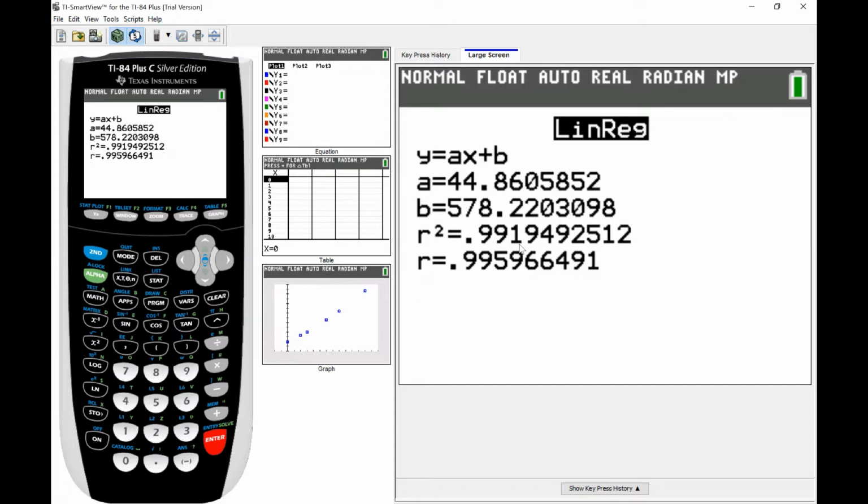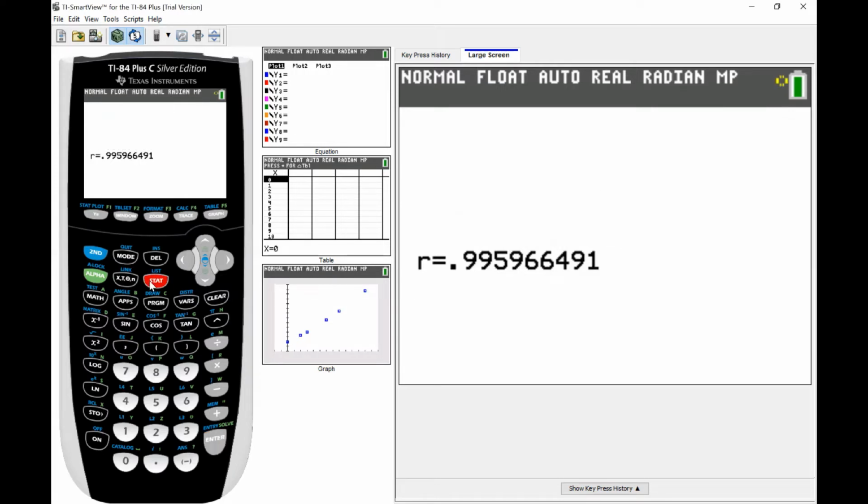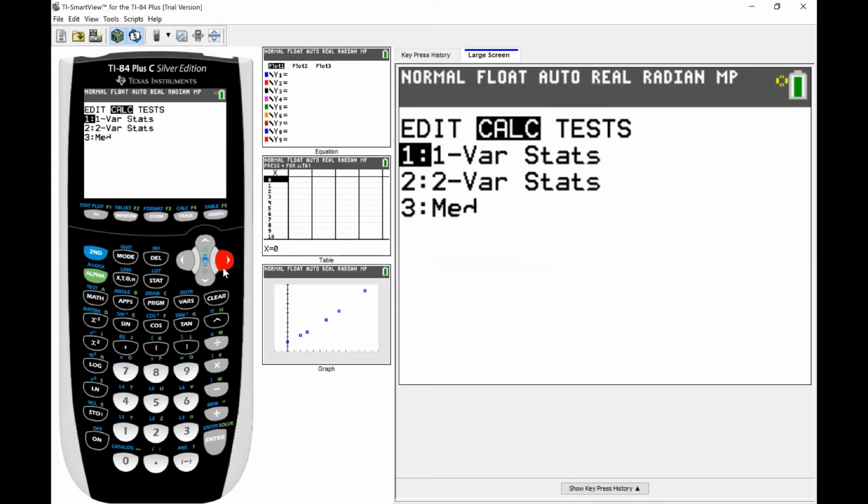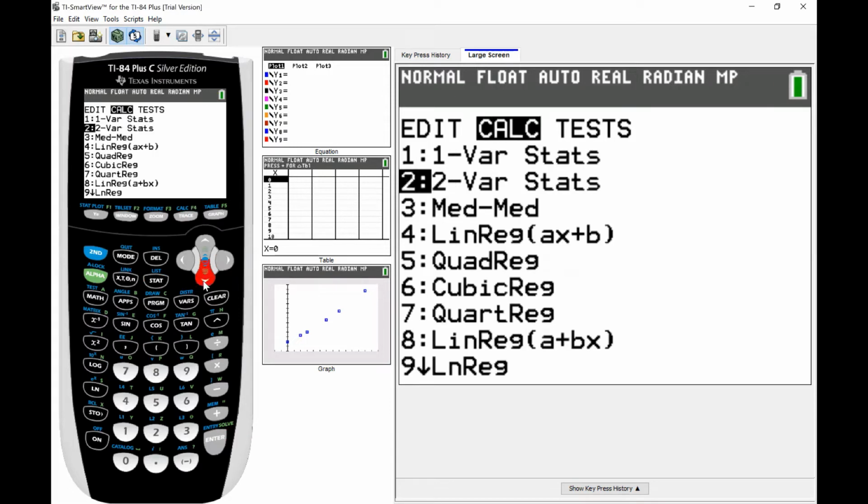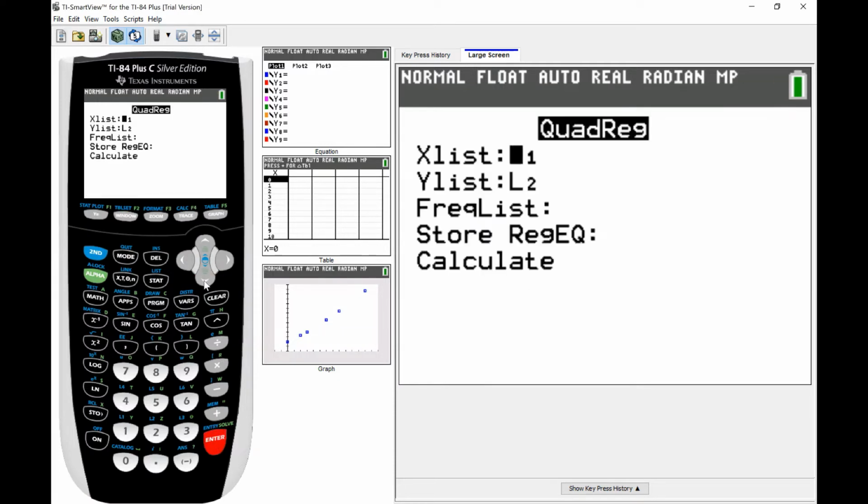So you can write that down if you want, but we're going to find our quadratic regression. We're looking for the r squared value that is the highest. 0.992, that's going to be hard to beat, but let's try. Stat, scroll over to calc. I'm going to go down to quadreg. We're going to do a quadratic regression for this set of data. And I'm going to scroll down to calculate.